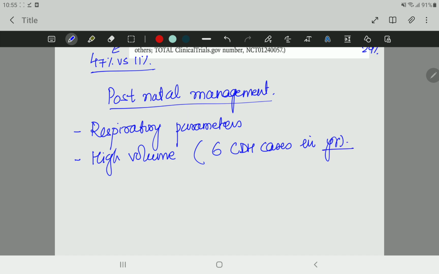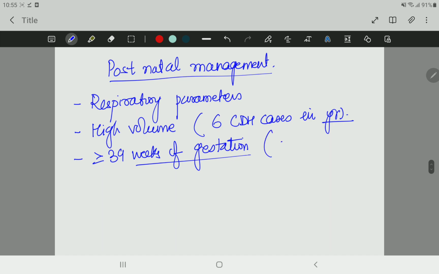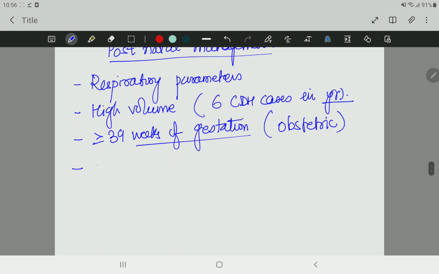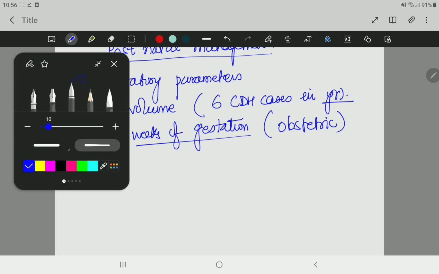Delivery should be conducted at or beyond 39 weeks of gestation, and the mode of delivery should be guided by obstetric indications. That means there is nothing like one has to do a cesarean section. Then one may ask, what is the role of antenatal steroids?